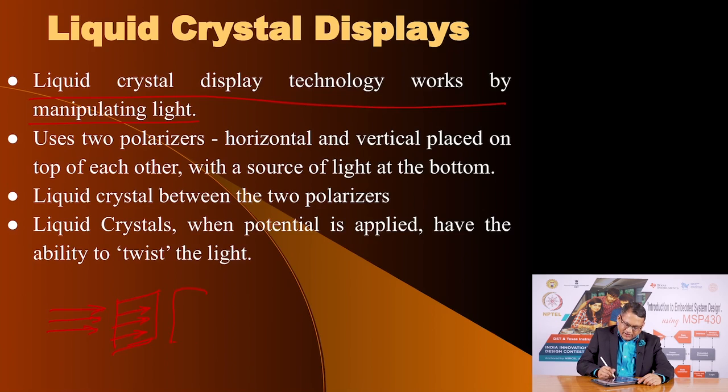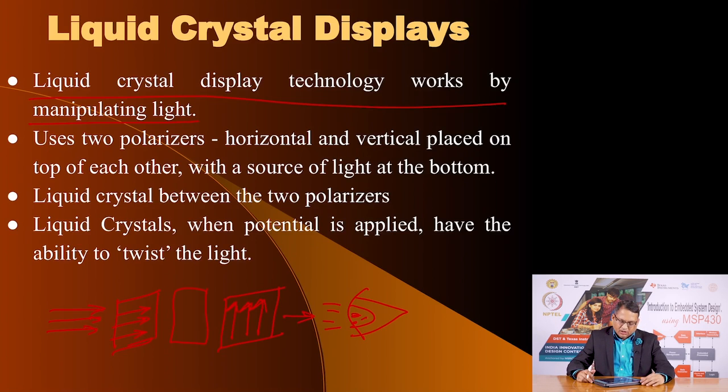Then you have the liquid crystal in between, and then you have another polarizer where the polarization happens in the vertical direction. And then of course, here is the human eye, which is able to see what is reaching it.